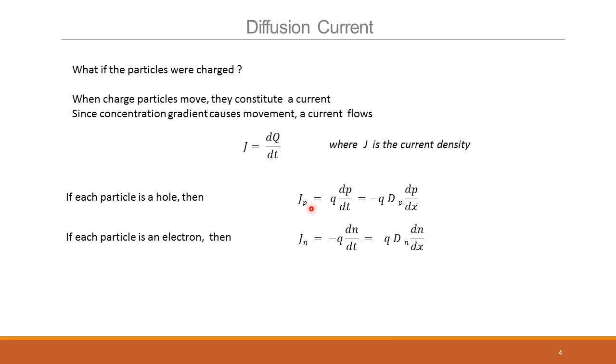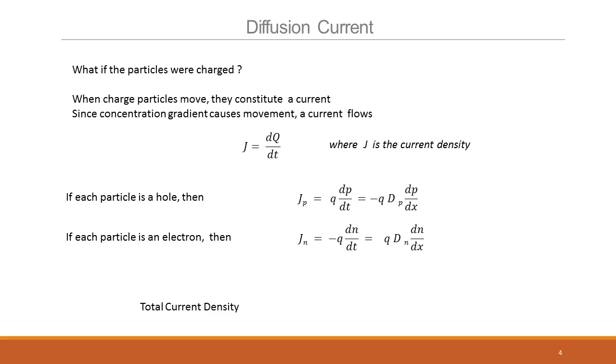You can see that Jp has a minus sign, as the current flows in the direction of lowering hole concentration, hence this minus sign comes. For Jn, the current flows opposite to the direction of the lowering concentration, hence the negative sign is not there.